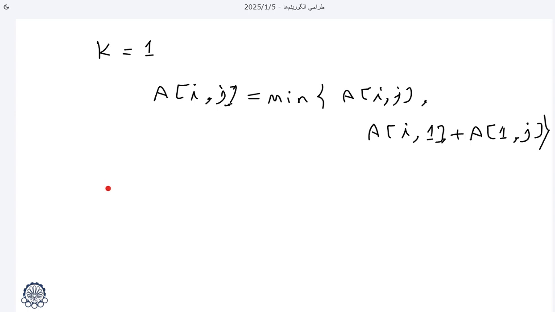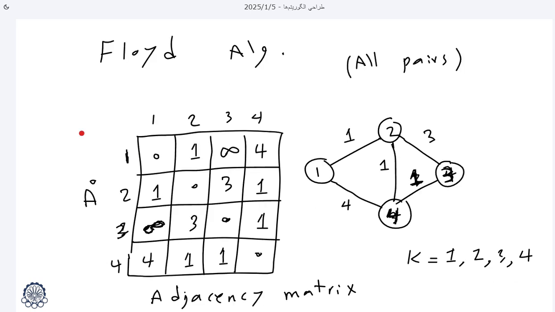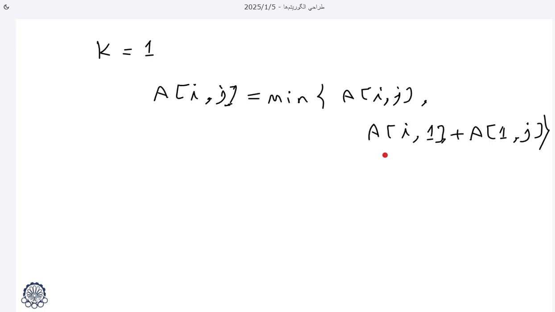So in the matrix, if we consider row 1 and column 1, please note here A[I][1] is in column 1.